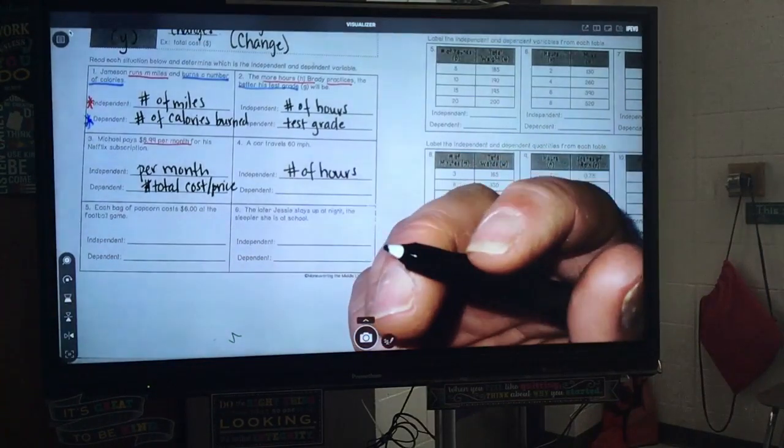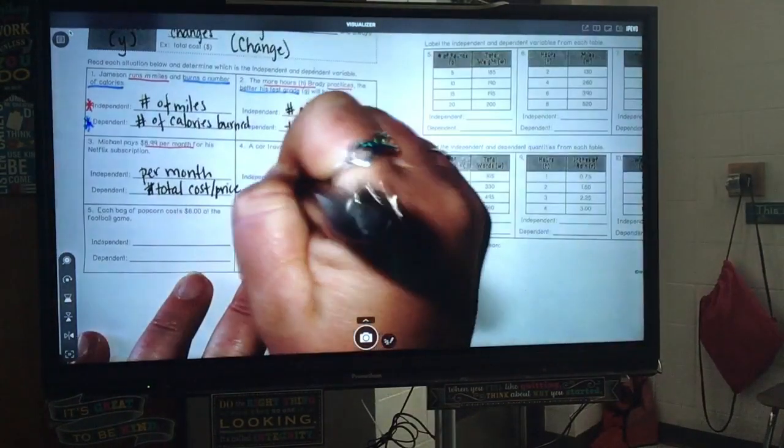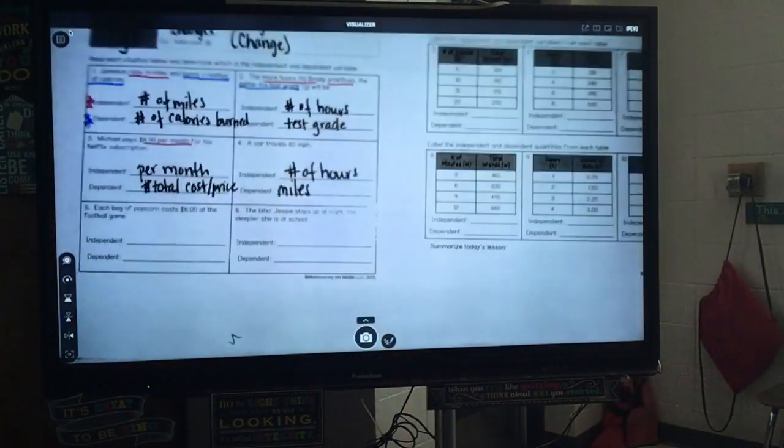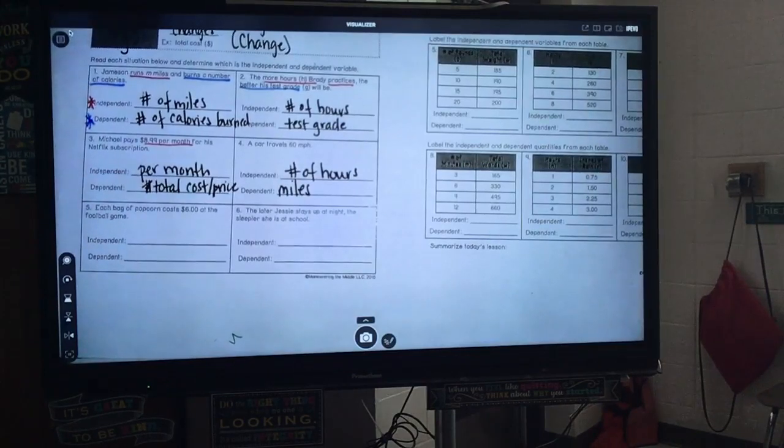Well, you're almost there. So miles, what? I'm going to say miles per hour, but no. Miles. So if you're going 60 miles per hour, and I say from New Bern to Greensboro, and it's going to take me 3.5 hours to get there, what am I figuring out?